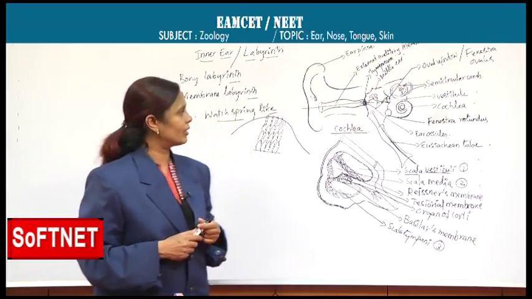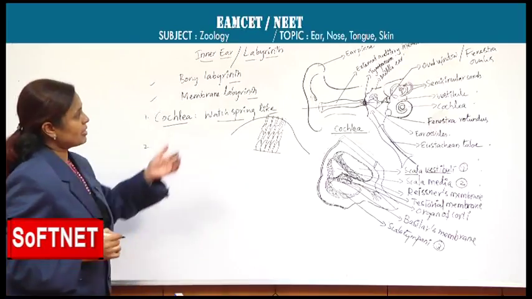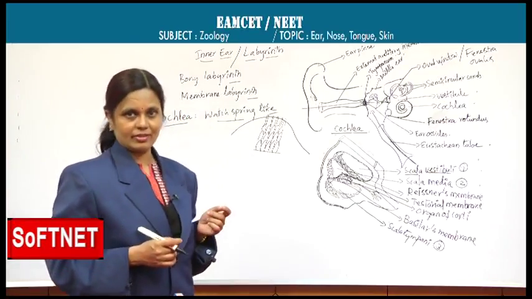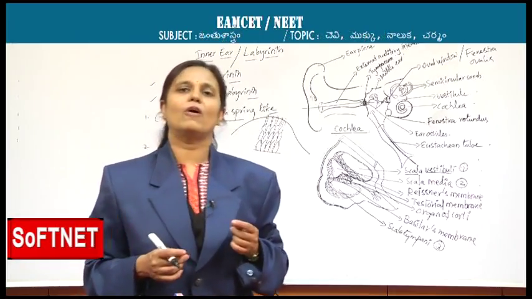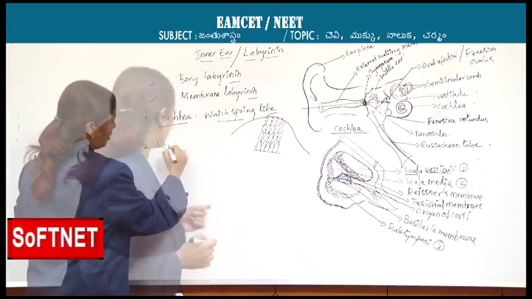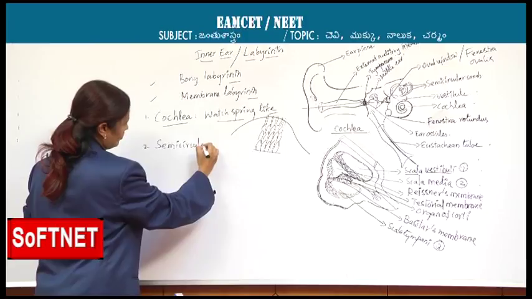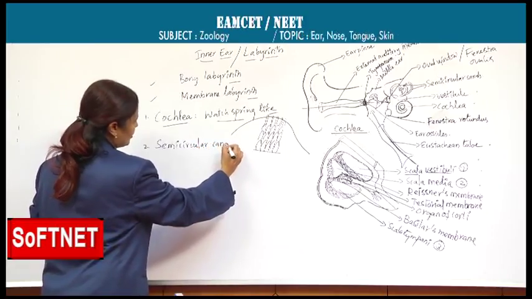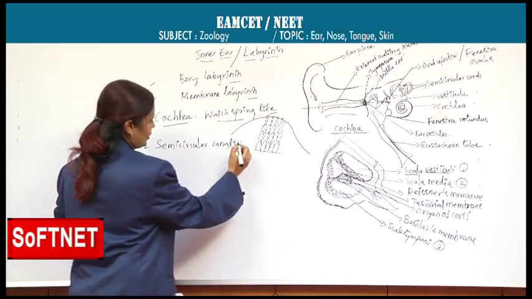Let us learn about the semicircular canals. Presence of three semicircular canals at angles to each other is a characteristic feature of all the gnathostomes. Semicircular canals, three in number, arranged at angles to each other.